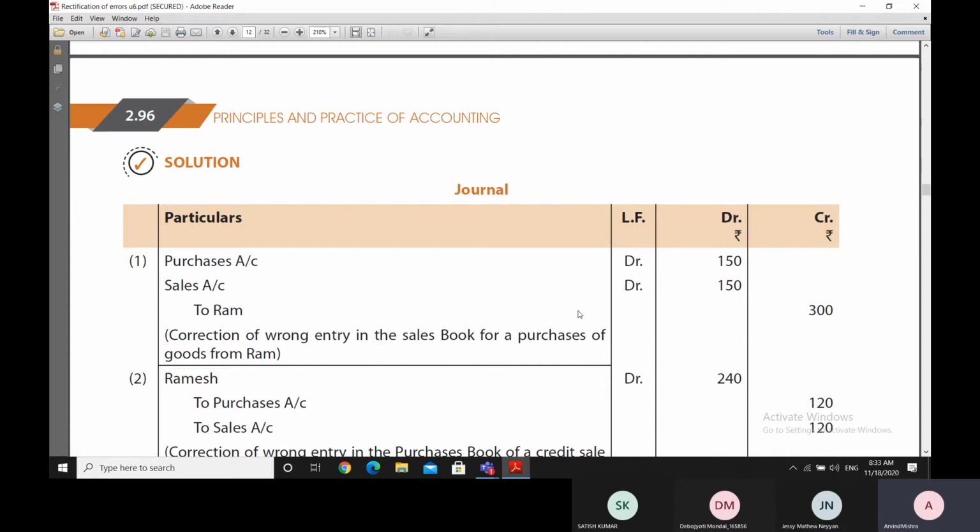The first thing is that to remove the entry in the sales account, we have to make a reverse entry by debiting the sales account and crediting Ram. That would remove the wrong sales entry, and then we make a fresh purchase entry by debiting the purchase account and crediting Ram. So in essence, the entry is being made 2 times: one is the cancellation entry and the other is the actual transaction entry. It could be made in 2 parts, or otherwise it could be made together, as it has been shown here.